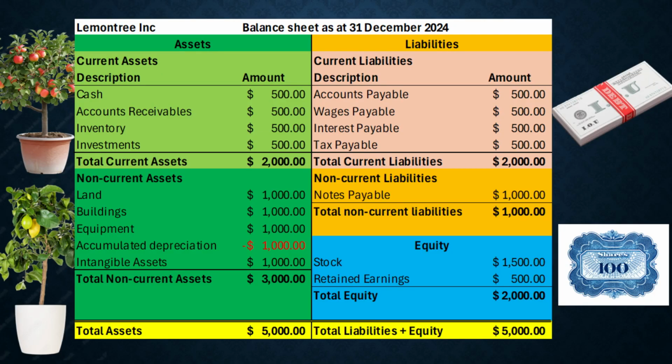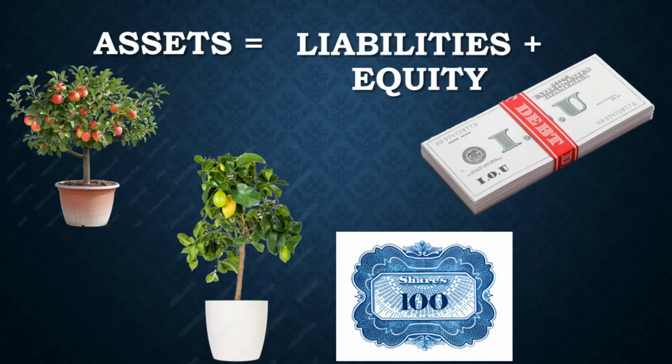This balance sheet example has the common components that many businesses would have. For simplicity, I'm going to focus on the main formula, assets equals liabilities plus equity. The extra detail is there just for reference, but not required to understand the main concept.